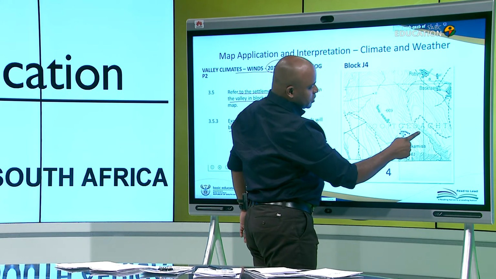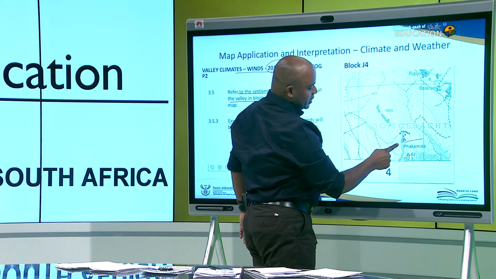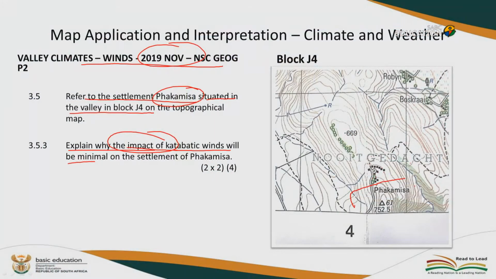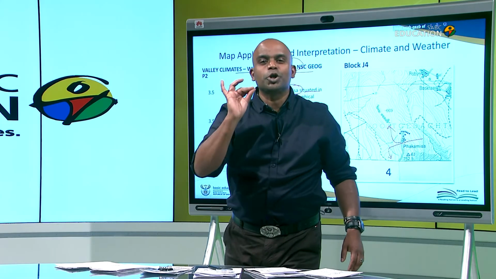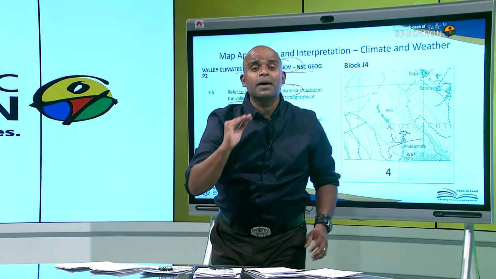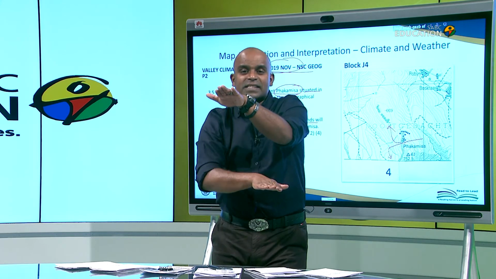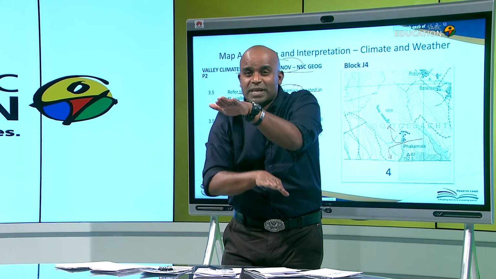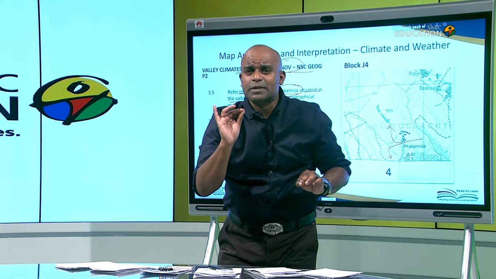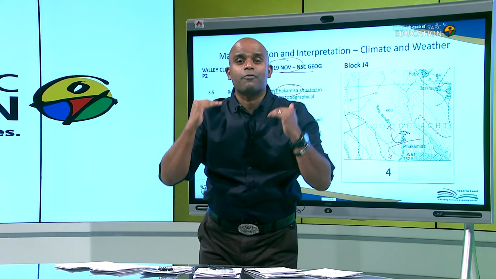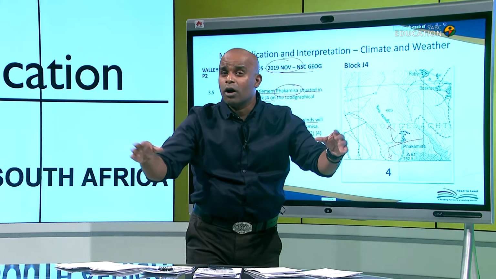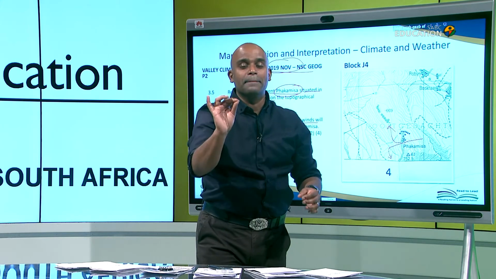There's the top of the slope, and note how the air is moving down the valley. Do you see that? Now, immediately you should be able to determine that Pakamisa is located on the middle of the slope. That means there's still steep slope below that settlement. Will it be affected by katabatic winds? Yes, but not by frost or fog or exactly mist. Why?